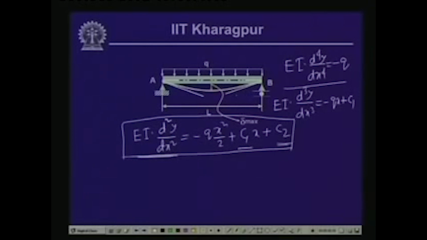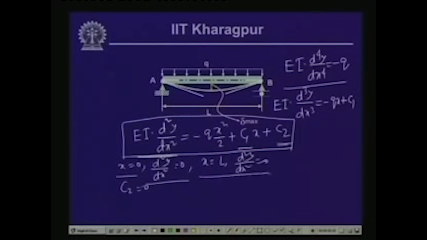For a simply supported beam, the bending moment at the supports, for both the hinge support and the roller support, is 0. So, the bending moment at x equals 0, that is d2y dx2 is 0, and also at x equals L, d2y dx2 equals 0. Now, if we substitute that at x equals 0, d2y dx2 equals 0, this gives us that C2 equals 0.